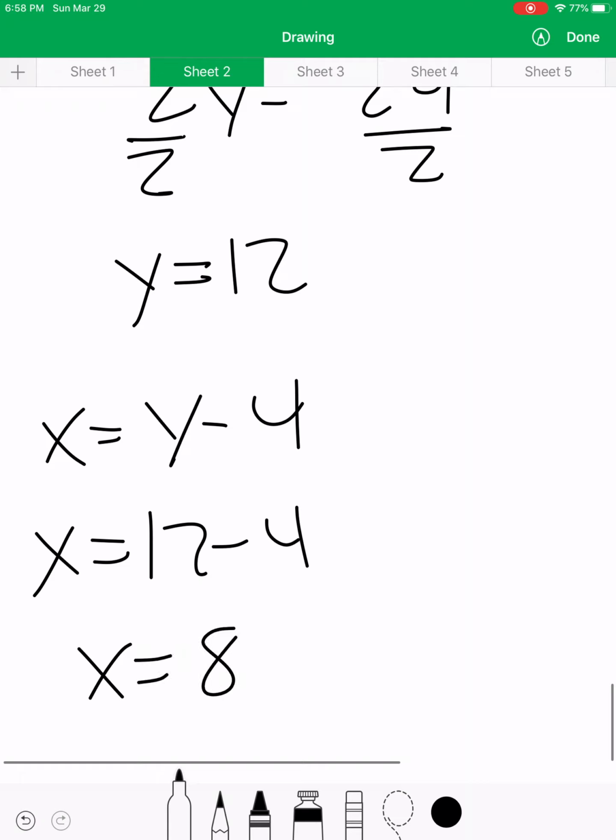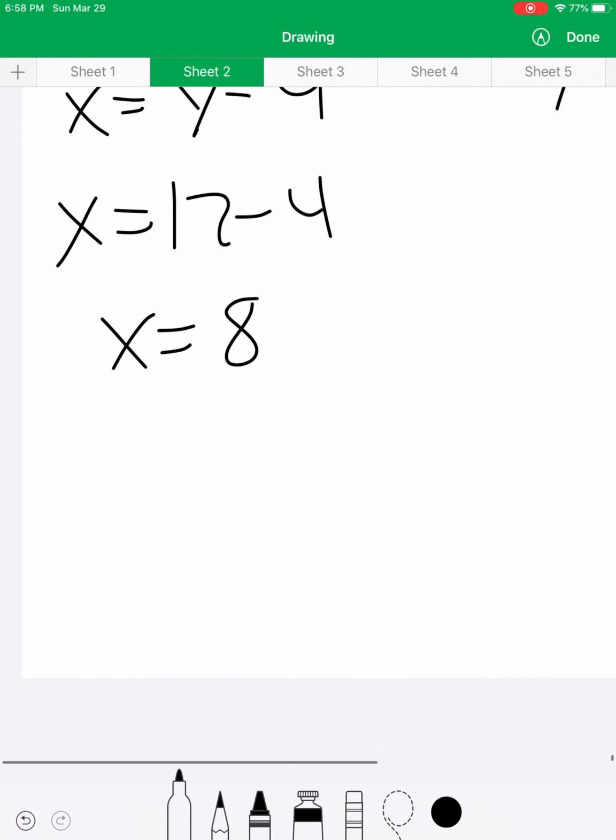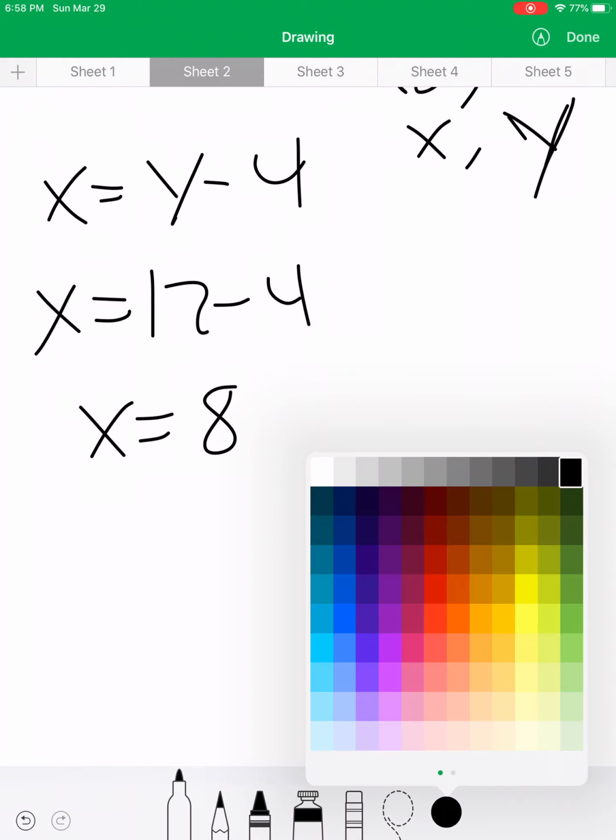Therefore, x equals 8. And now we have our ordered pair of 8, 12. Because remember, ordered pairs are always x, y. All right, after number 8, we did 13 through 18. So those will be the next set of problems coming your way.